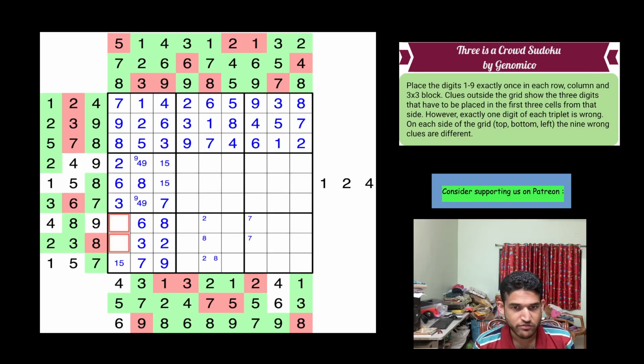This would be 1, 4, 5. That's really nice. And because you have 4 here, this 4 is correct. So it makes the 6 incorrect, which means this 6 is right and makes the 4 incorrect. So you have bottom set 2 all different incorrect clues. Okay, so that is excellent.